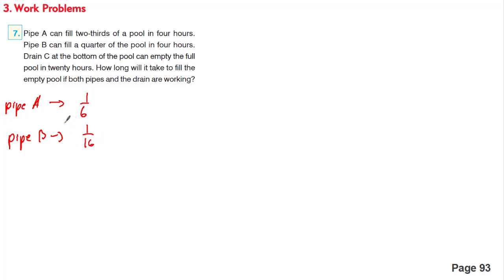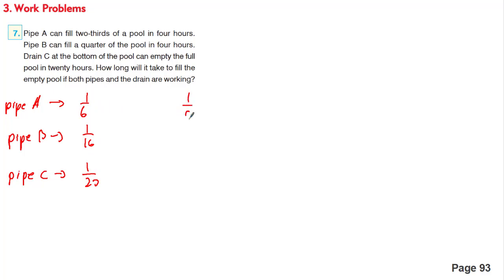Drain C at the bottom of the pool can empty the full pool in 20 hours. So pipe C's work rate is 1/20. Now, how long will it take to fill the empty pool if both pipes and the drain are working? Well, for how long will pipes A and B work, also the drain C?